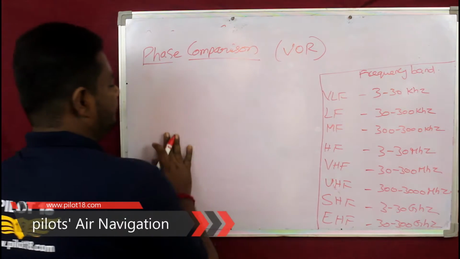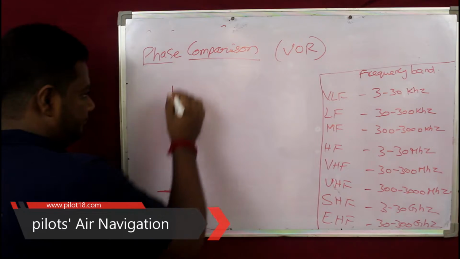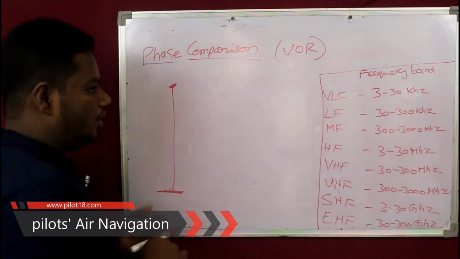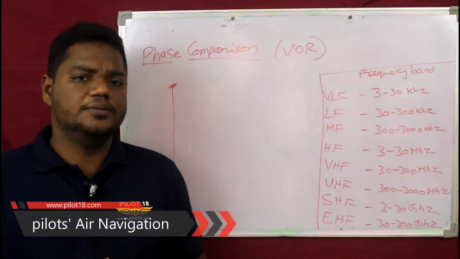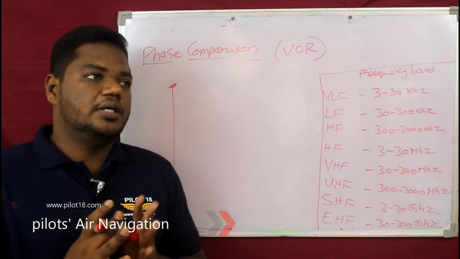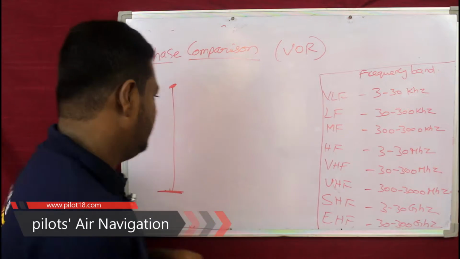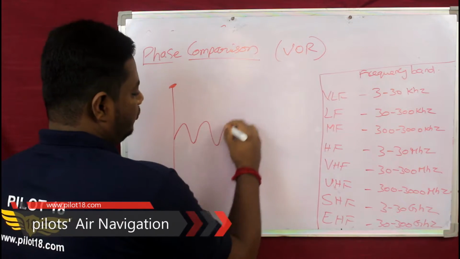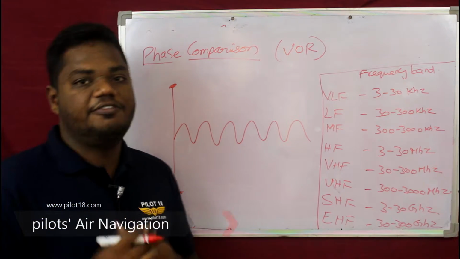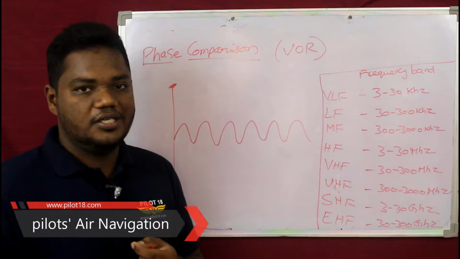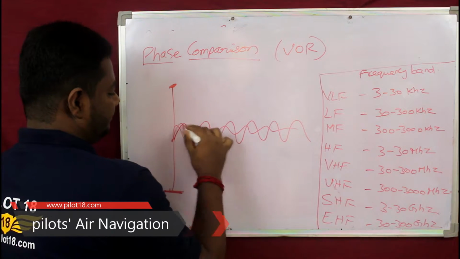So, phase comparison. Let's say an antenna is transmitting more than one radio wave. How do we see the radio wave? Like this. And how do we measure phase? 0, 90, 180, 270.